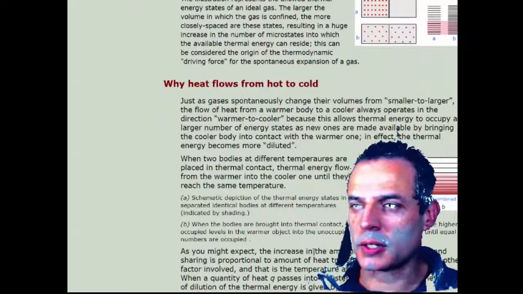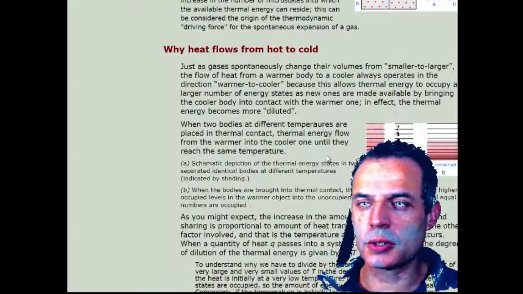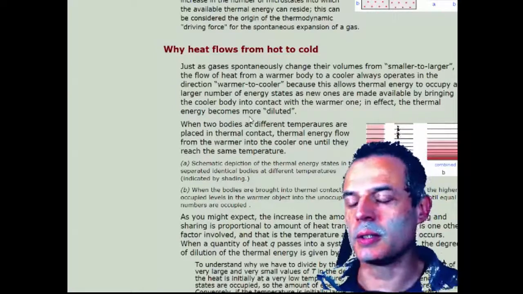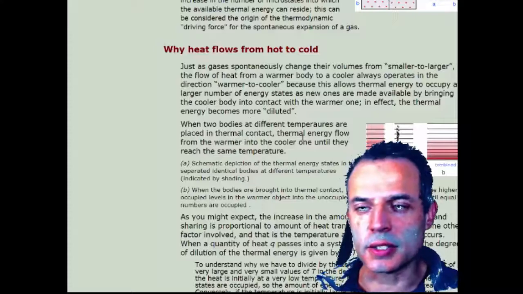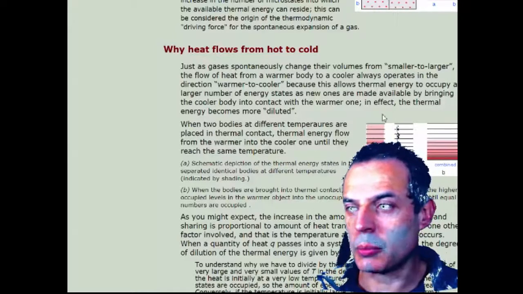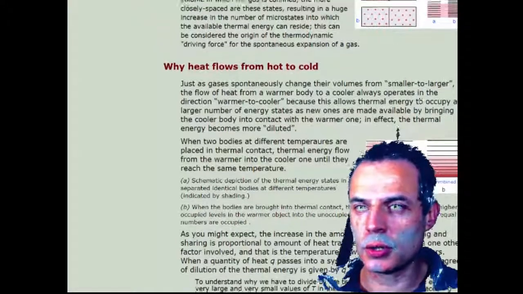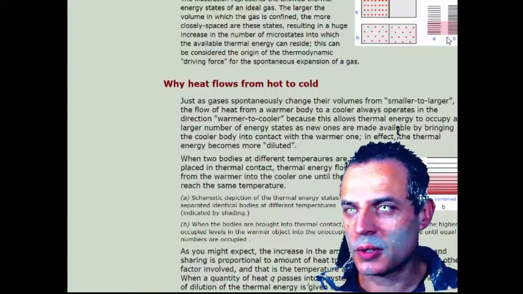Then we got, why does heat flow from hot to cold? Again, it's because the total number of possibilities of energy states goes up, and that is in this case because of the way that the energy gaps change. They're not linear as they are in here. Every step isn't the same.